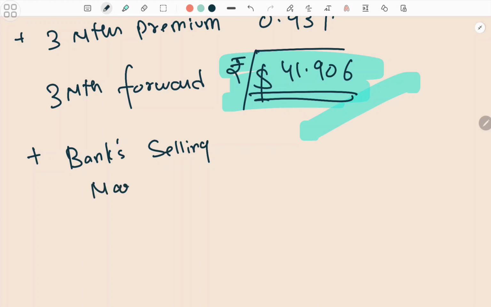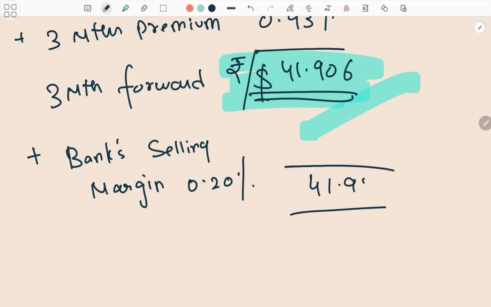So with the 0.20 addition, it finally comes up to 41.98 rupee by dollar. This is your final rate, which the bank will quote as the new rate at which you can enter into a contract, extend your contract rather. So this is your final answer.